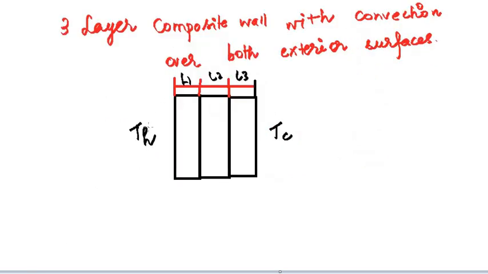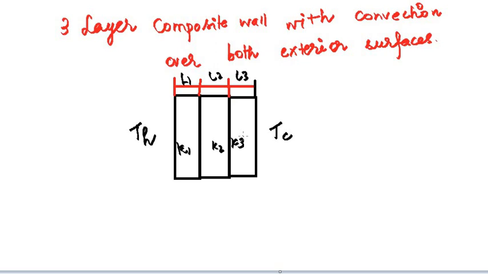Now the next problem is a 3-layer composite wall with convection over both exterior surfaces. Here we have three materials with conductivities K1, K2 and K3.